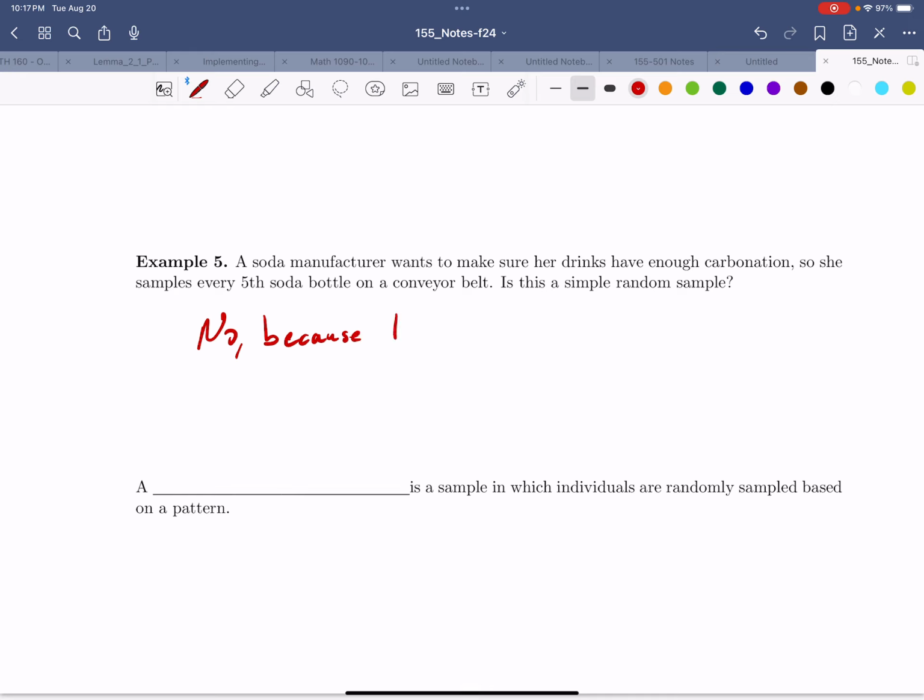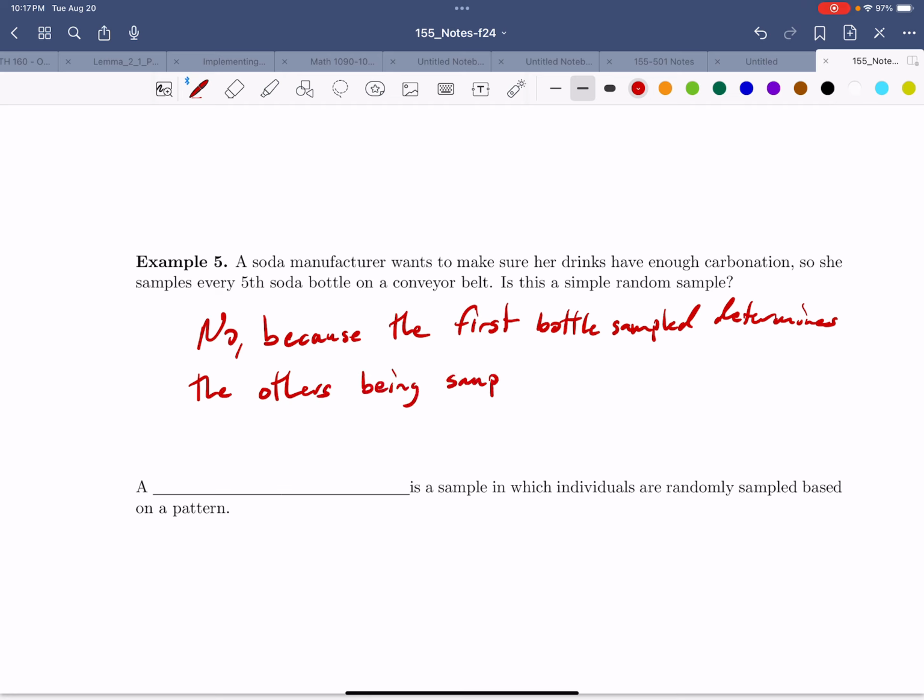Because the first bottle sampled determines the others being sampled, right?